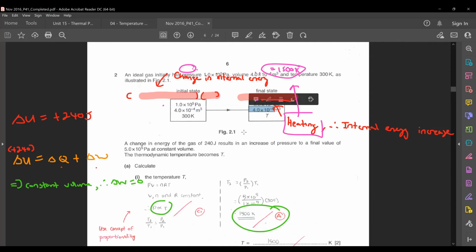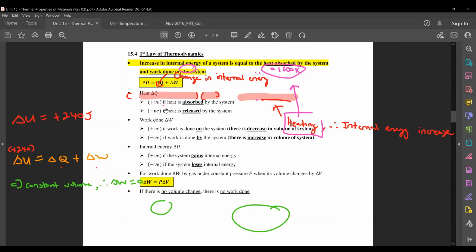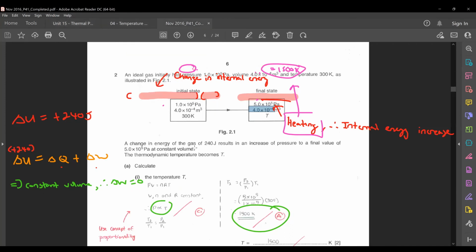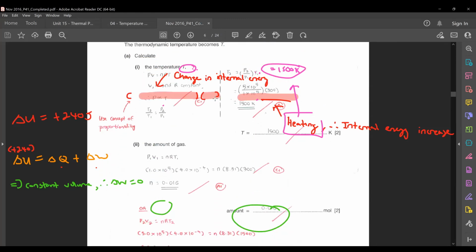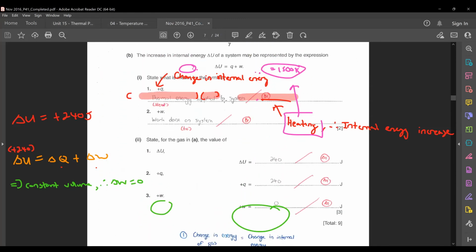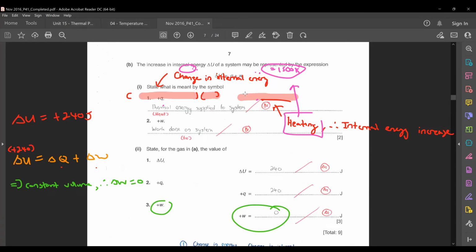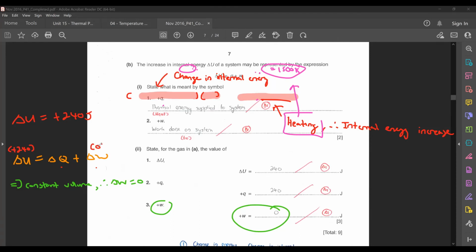At the final state it is also 4 times 10 power minus 4. You have constant volume, so your work done is actually 0. Just now I mentioned, if you don't see any volume change, there is no work done. You have work done only when you have volume change. So over here, you don't see any work done because there's no volume change. So this automatically tells you that this will be 0.